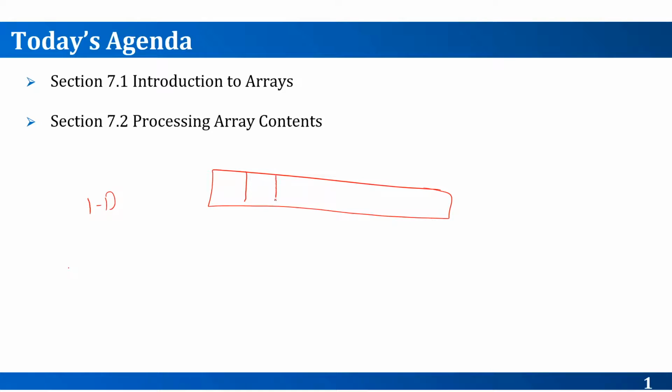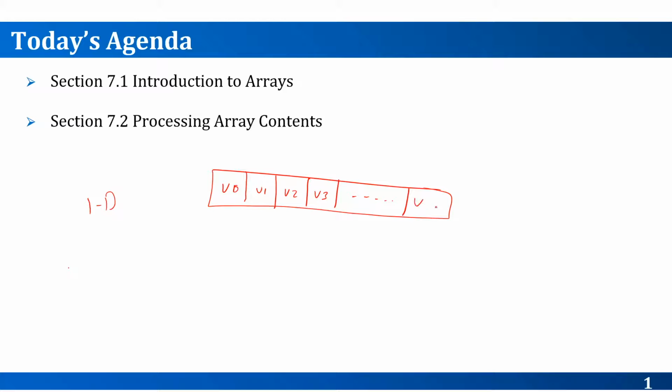So it's a way to organize data in a way that we haven't covered before. So far, we learned how to define primitive data types. In a primitive data type, each variable holds one value. In an array, what you want to do is to store multiple values in a structure like this.